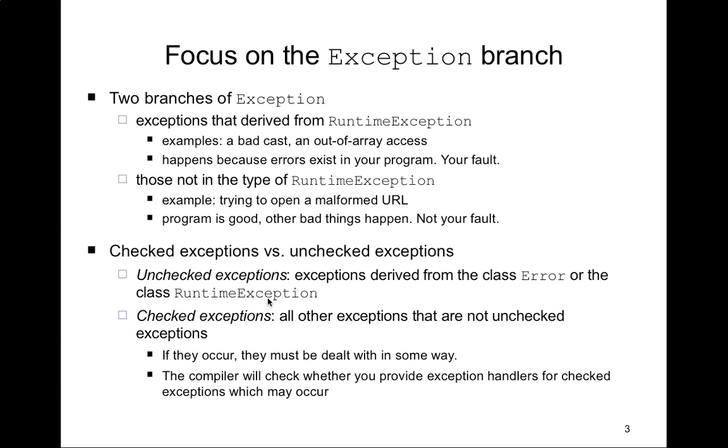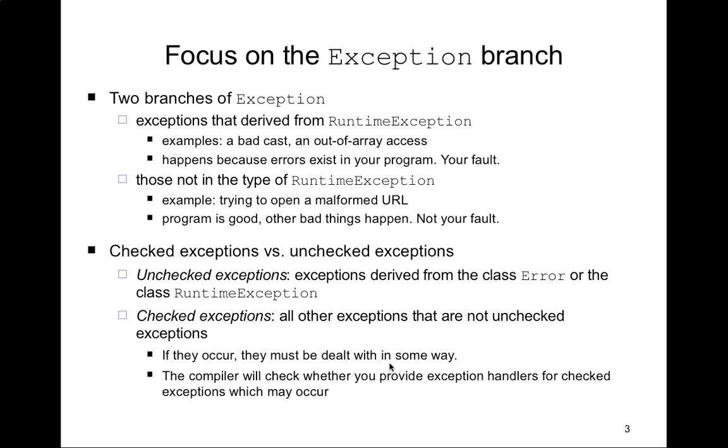Okay, so unchecked exceptions, exceptions derived from the class error or the class runtime exception. And checked exceptions are those that are not unchecked exceptions. If they occur, they must be dealt with in some way, hopefully.